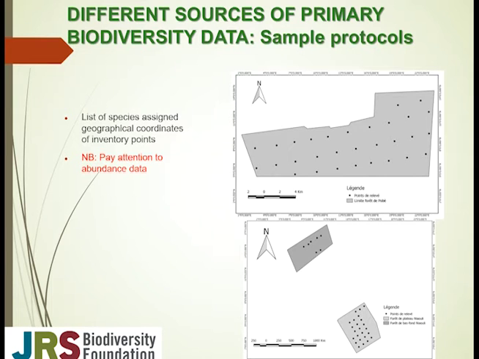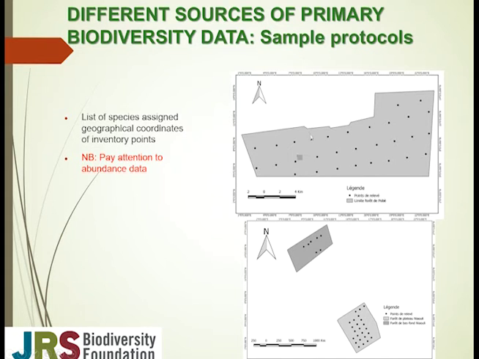Another source of primary biodiversity data are sample protocols. You go to the field, for instance, for an inventory, and you write the protocol, for instance, for a systematic sampling, as we can observe here.